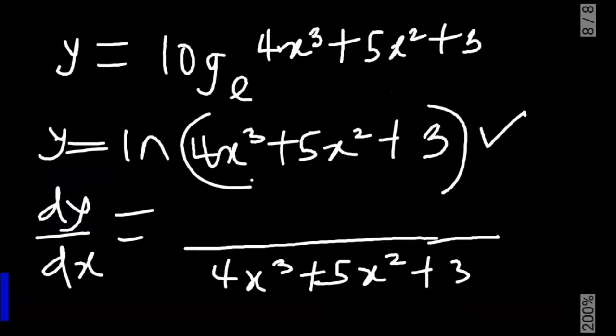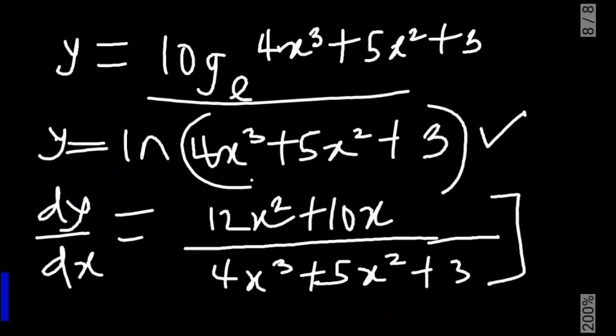You can pause the video and try that out to see if you fully understand how to differentiate the algebraic functions. So this is 12x squared plus 10x. The derivative of 3 is 0. This is the derivative of this function. Let's move to the trigonometric functions.